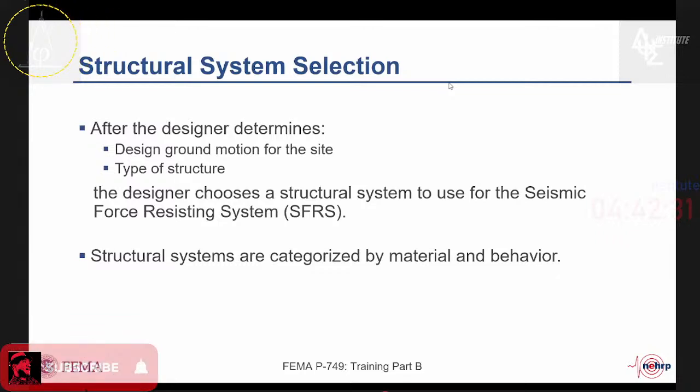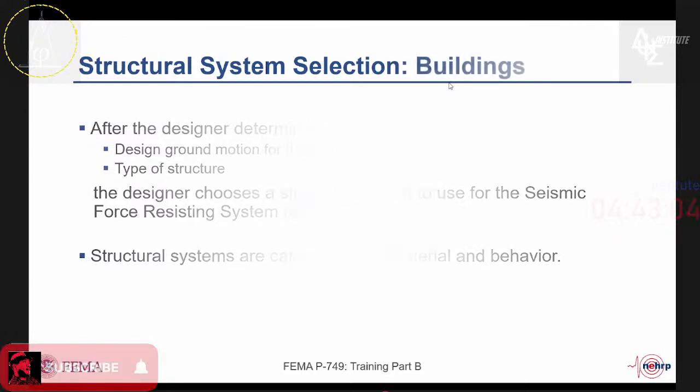Special structural systems have extensive detailing requirements, and because of those details are capable of experiencing extensive nonlinear or inelastic behavior without losing load carrying capability. Ordinary systems have relatively few detailing requirements, and as a result of that, may not be able to provide the same reliable nonlinear behavior. As a result of that, ordinary systems must be designed for higher seismic forces than intermediate or special systems.